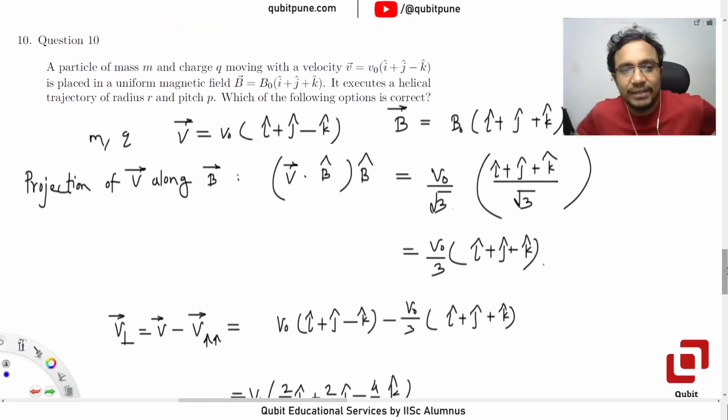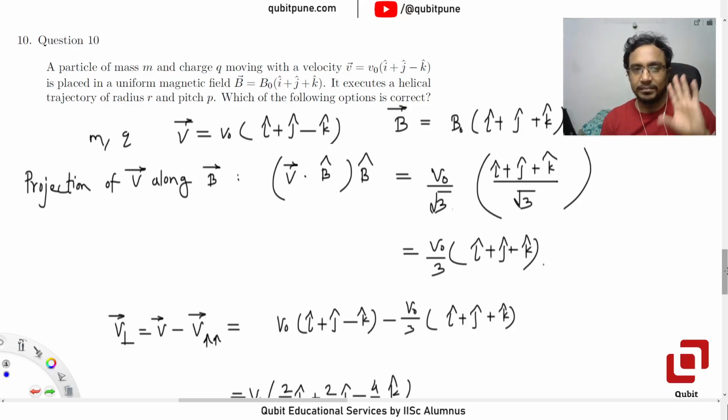See, basically we need to first know what velocity component is perpendicular to the field and what one is along the field, because V parallel lets it move in a straight line and V perpendicular lets it rotate in the circle. So this is what I've done. Firstly, I found the projection of V bar along B bar, which is V bar dot B cap.